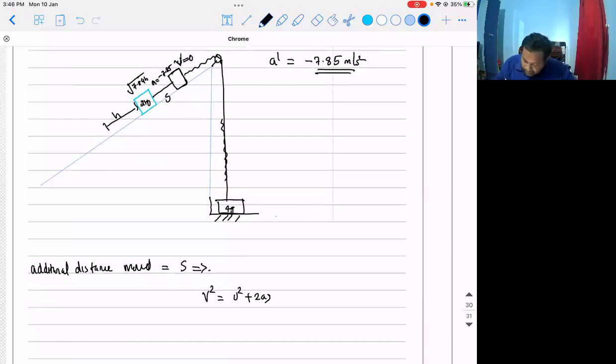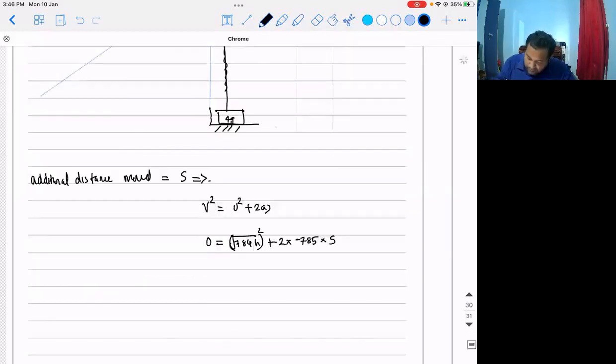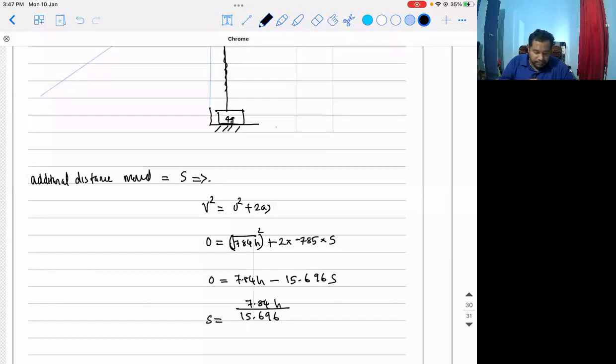So 0 is equal to root of 7.84 h whole square plus 2 times acceleration, minus 7.85, times S. So 0 is equal to 7.84 h minus 15.696 S. Therefore, S is equal to 7.84 h divided by 15.696.